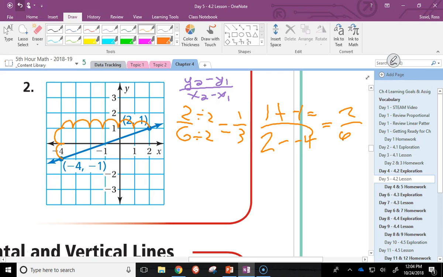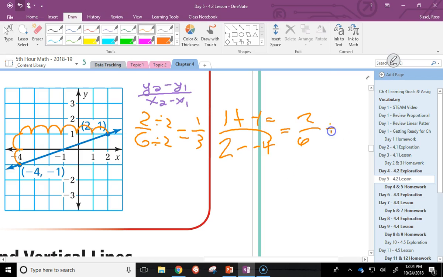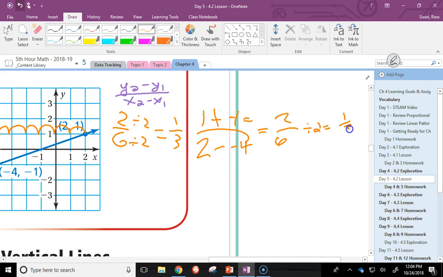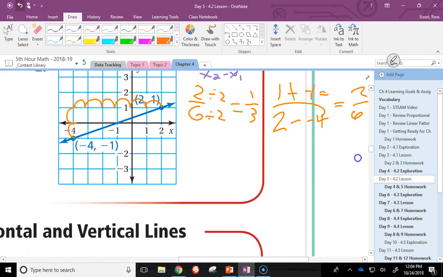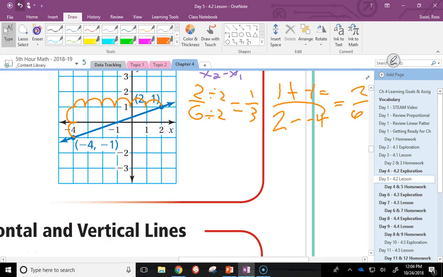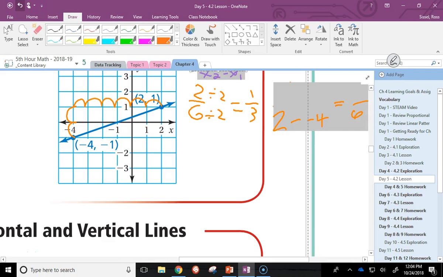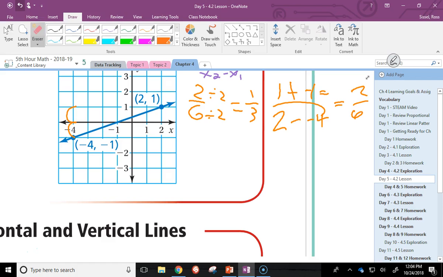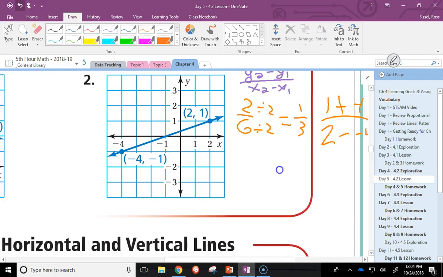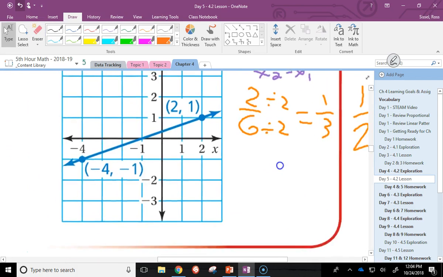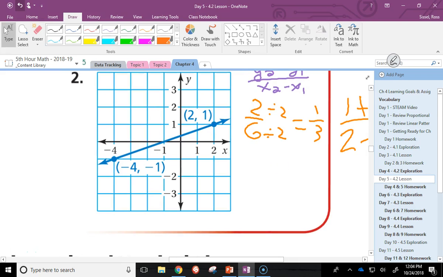Alright, now, last thing I'm going to go over is, we still have the 2/6. But I can simplify that to 1/3. But here's what I want us to see. Last part that I want you guys to recognize.